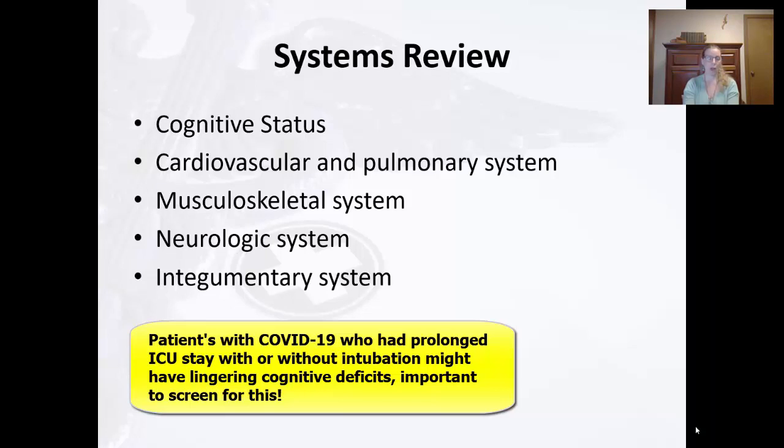And so they may still have altered cognitive functioning. So it's important to assess their cognitive status so that you can change your teaching techniques as needed, and you might also need to refer to other healthcare providers.